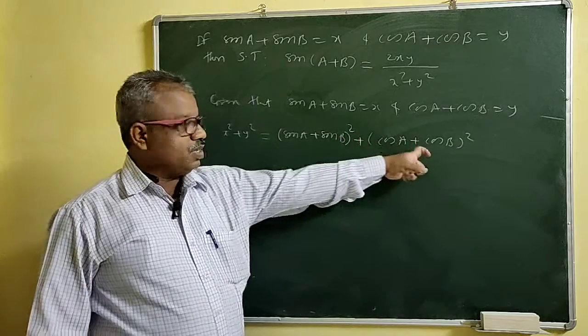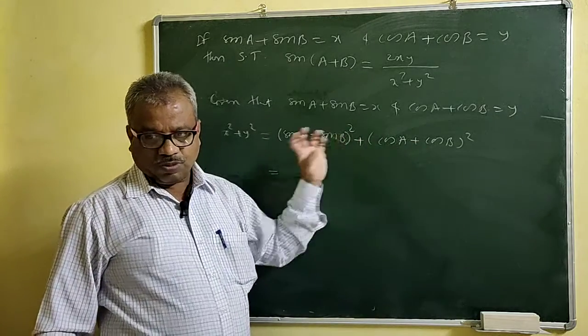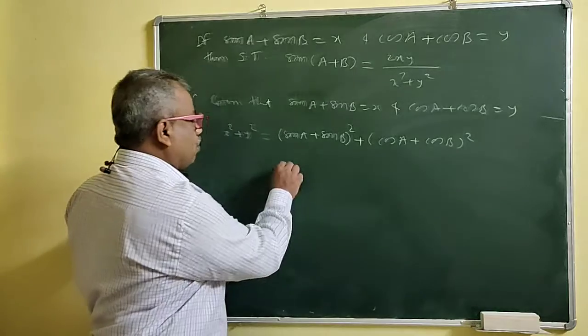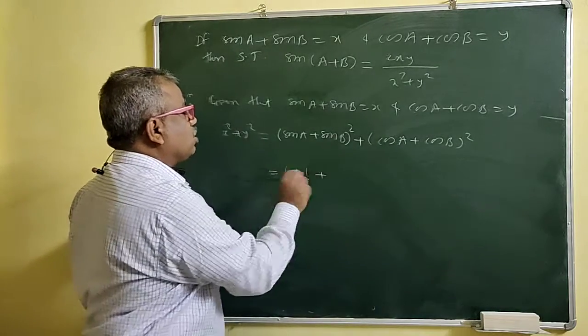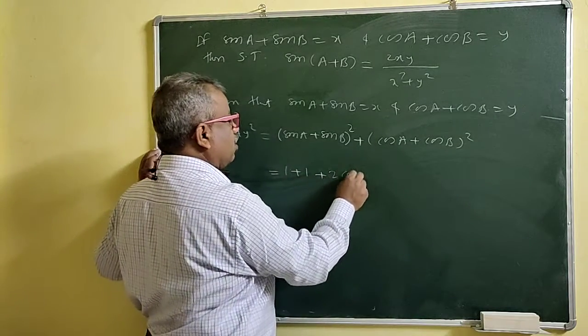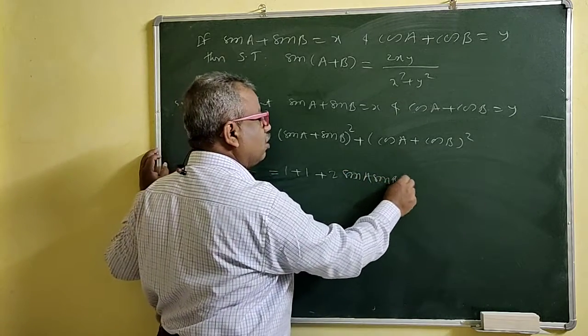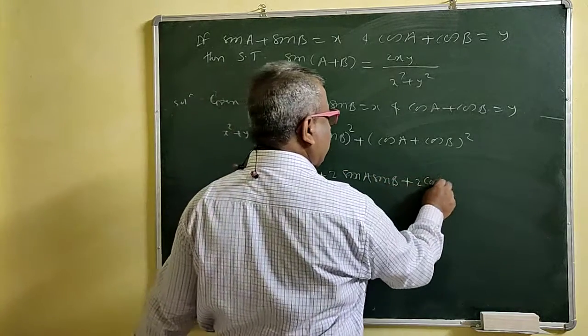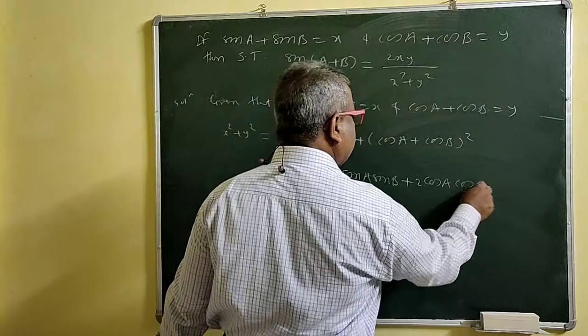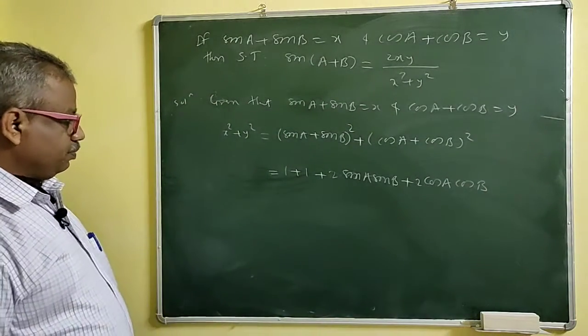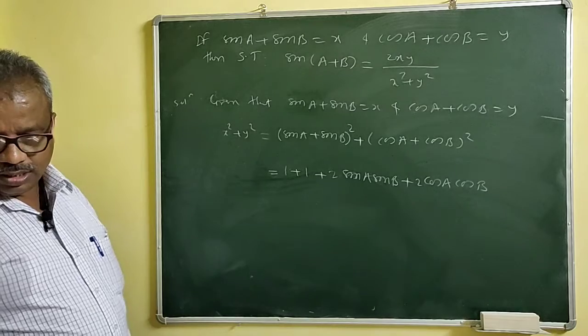Then sin square B plus cos square B is 1. So 1 plus 1 is 2 now, right? So 1 plus 1 we'll write, and then we'll just write only the middle term, 2 sin A sin B plus 2 cos A cos B, right?